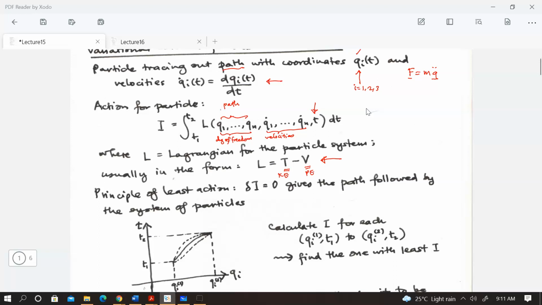So if you vary all the possible paths that you can have inside this Lagrangian, there will be one that minimizes your action. This is essentially what one does in variational calculus.